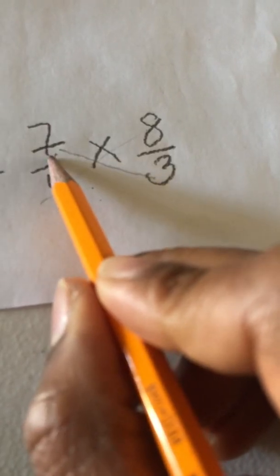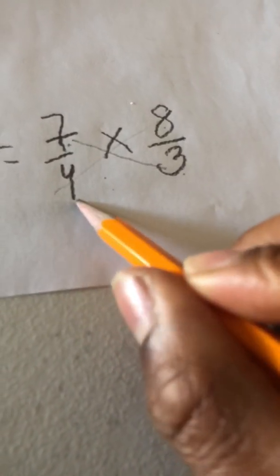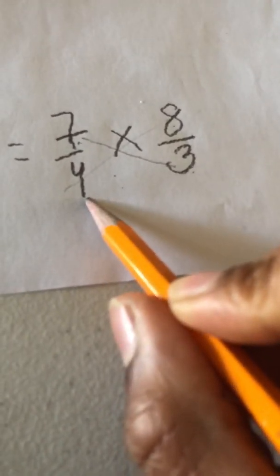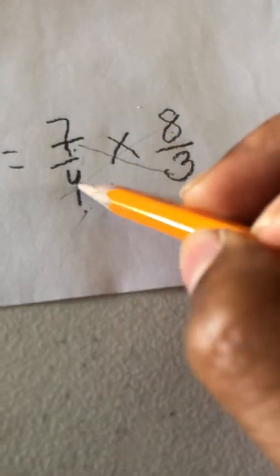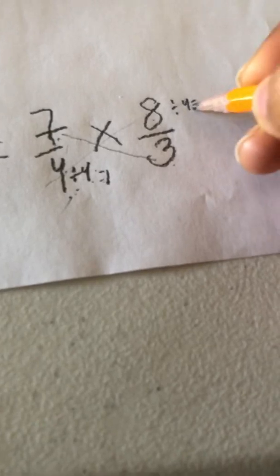So we can't make 7 and 3 smaller, we can't. But we can make 4 and 8 smaller by dividing by, we could divide by 2 or divide by 4. But let's divide by 4, because if we divide by 2, the numbers will still be bigger. So let's divide by 4. So 4 divided by 4 is 1, and 8 divided by 4 is 2.